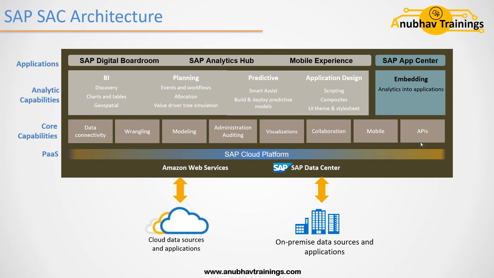APIs, very important. APIs are important because of integration. Suppose I want to call an API in the S4HANA system which can do an action. What I am currently seeing today, due to coronavirus, is that the most impacted region is the southern region. So there my business is completely halted.